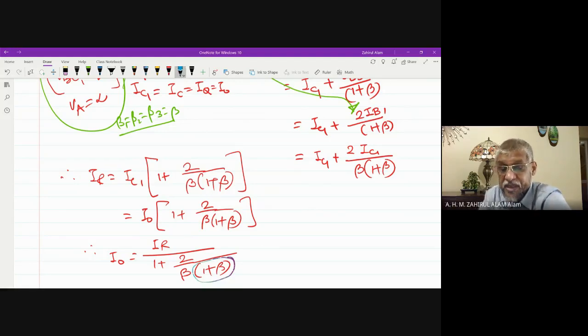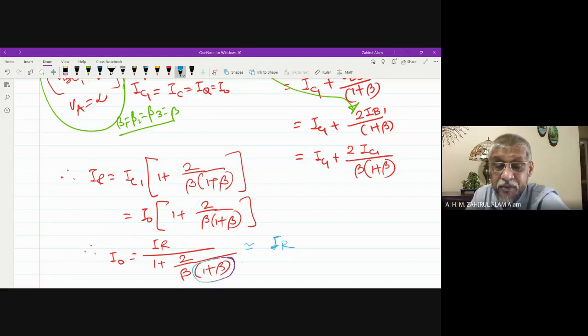This is in the denominator, so the output current is very much close to IR. So now it is a much better current source design compared to the previous one.